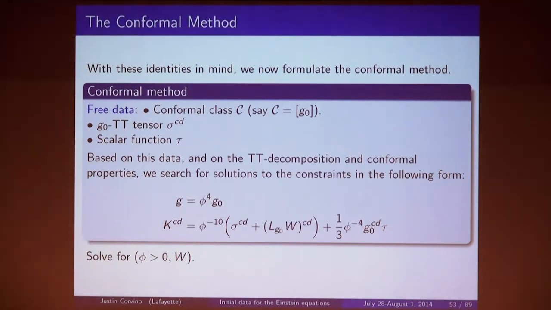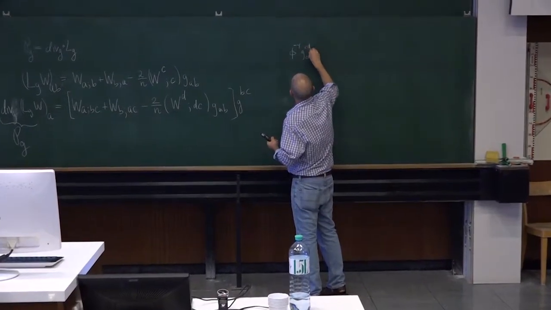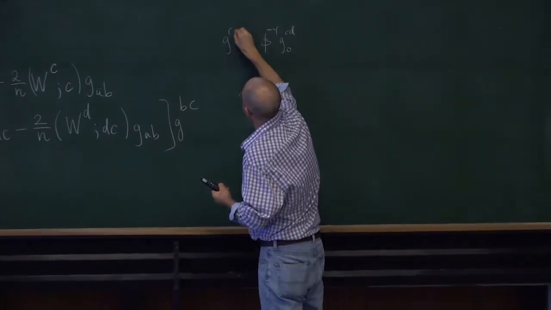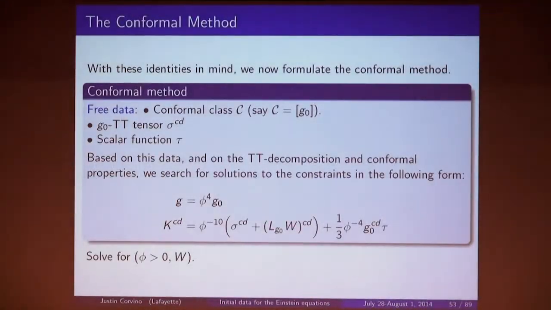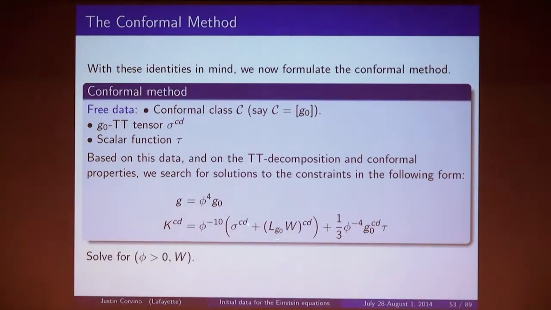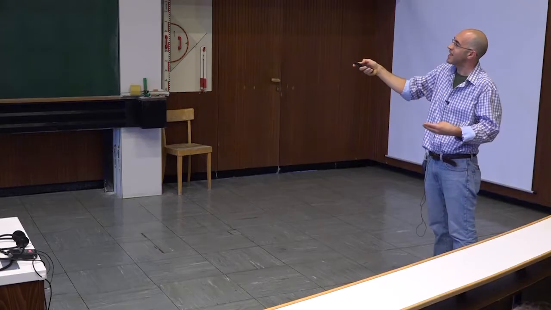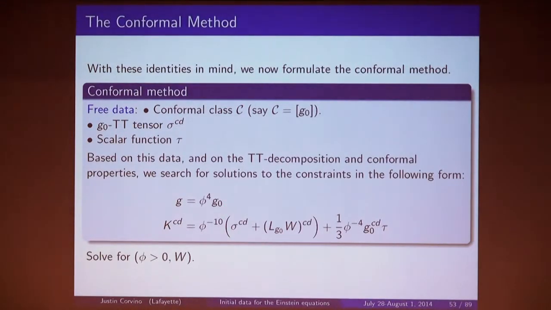Notice the phi to the minus 4 G0 CD; that's just G upper CD, the raised G. So that's the trace part, and then you've got the TT tensor, and then the longitudinal part. The point is you're going to solve for phi and W, and the constraints will be 4 equations in 3 dimensions. So 4 equations, 4 unknowns. We have to take these quantities and stick them into the constraint equations.